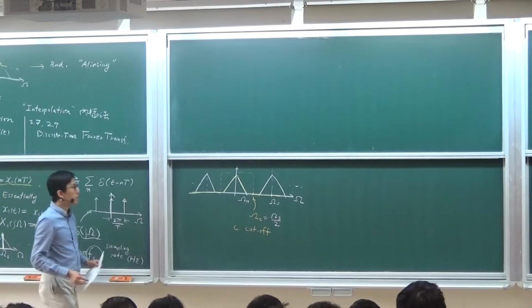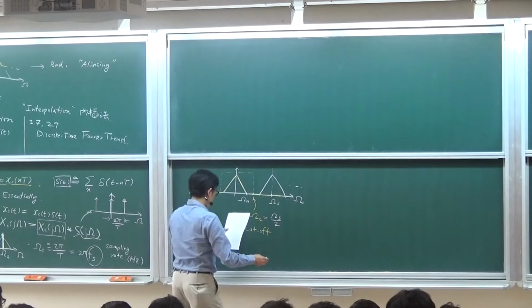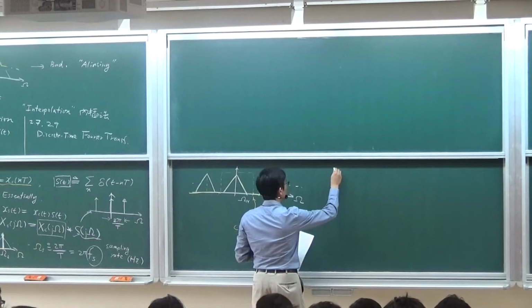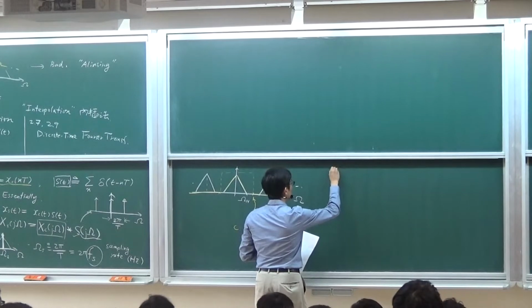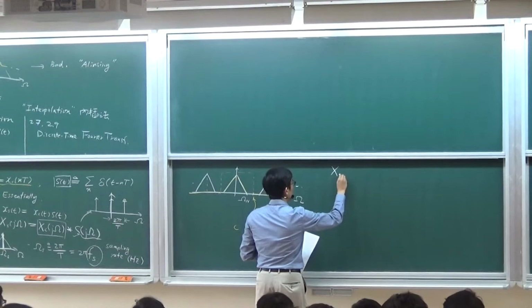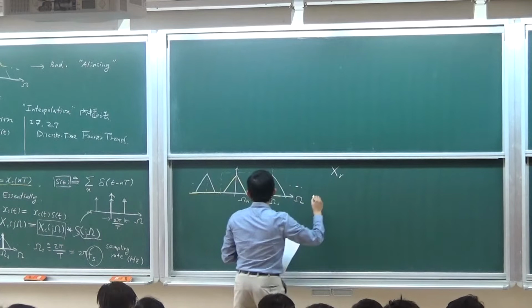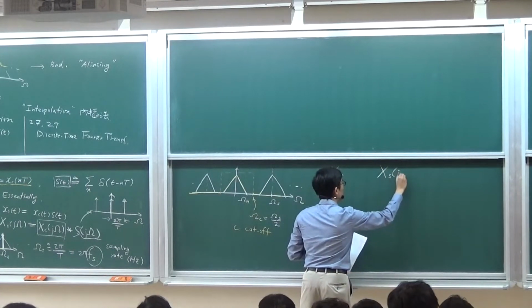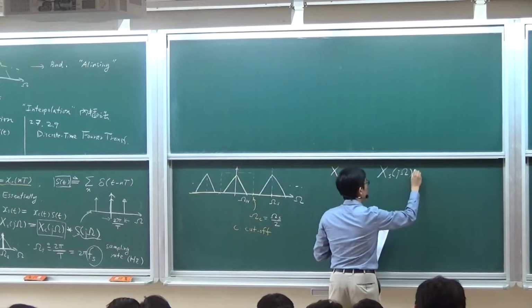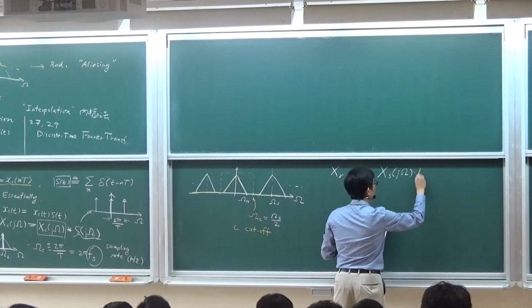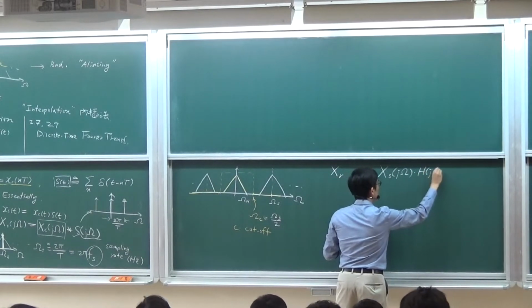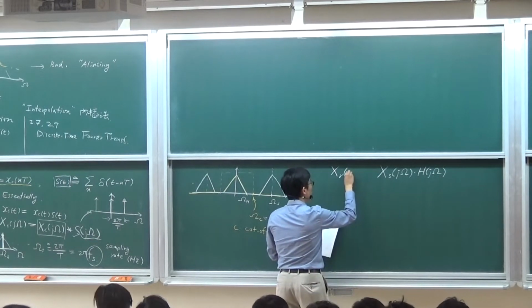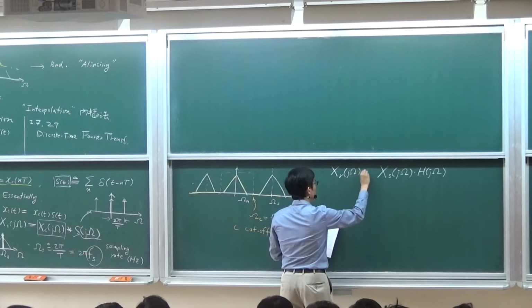But in the time domain, let's say the result of multiplying our spectrum with an ideal low-pass is the spectrum of our reconstruction.